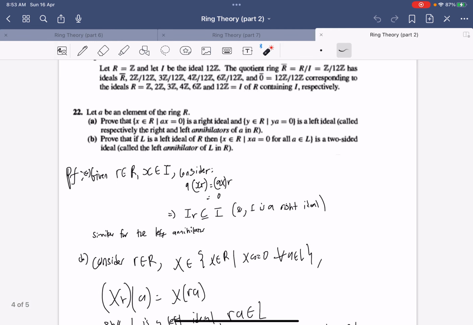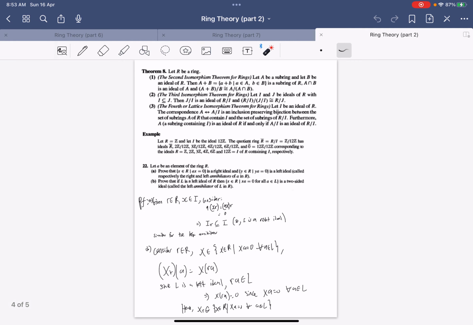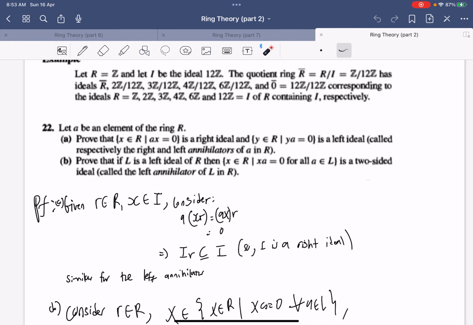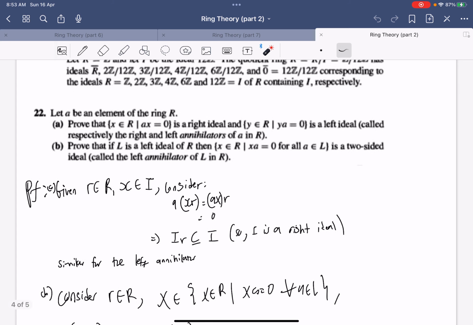So I'll now show you examples of me doing problems to let you familiarize yourself with solving questions related to ideals and homomorphisms. For the first one, we will prove that this set over here with this condition is a right ideal, and the other one is the left ideal, and they are known as the right and left annihilators of A respectively.